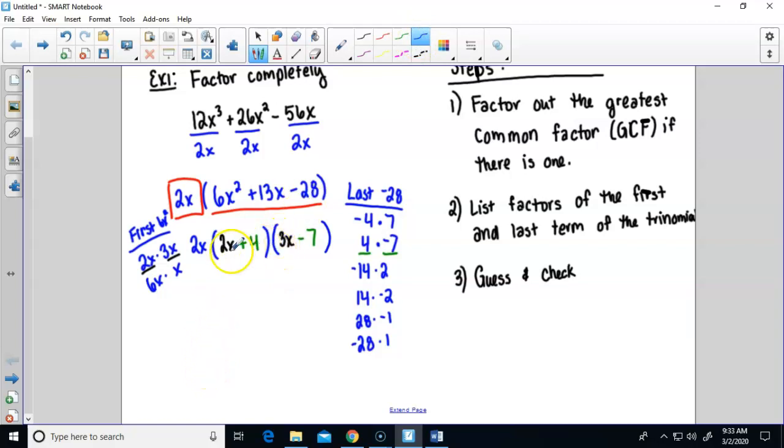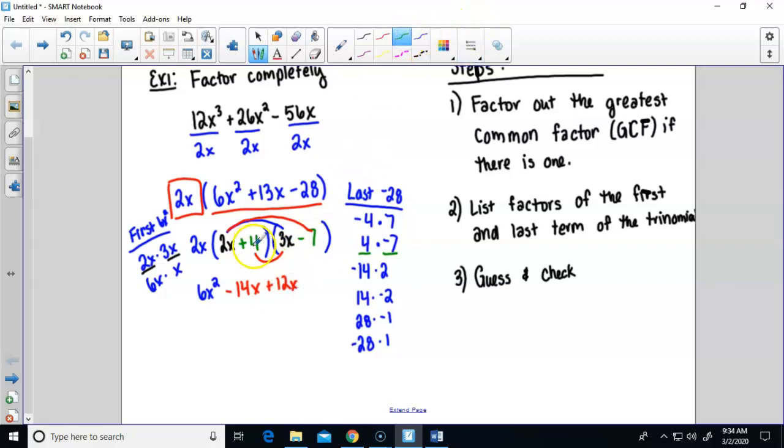So, if I check this, 2x times 3x is 6x squared. I already knew that because I picked factors that would give me 6x squared, right? Then, for our middle terms, I do 2x times negative 7, that would give me negative 14x. And then I would do 4x times 3x, which would give me positive 12x.